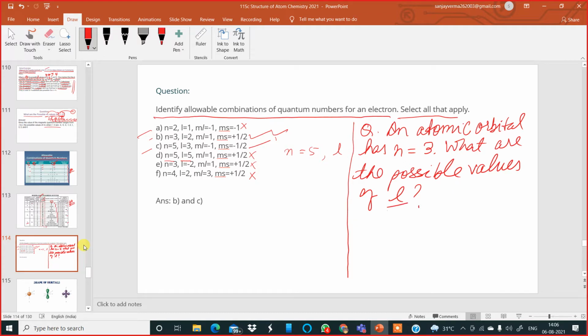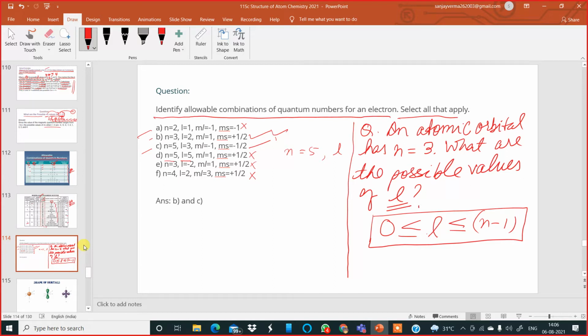What are the possible values of the azimuthal quantum number? We know that l is dependent upon n. So how many values will be there? I have told in the previous class also, l is less than or equal to n minus 1 and it should be greater than or equal to 0. You have to remember this for the azimuthal quantum number.